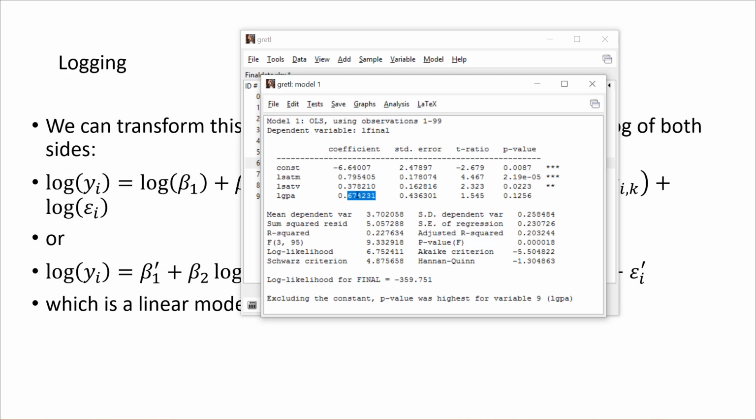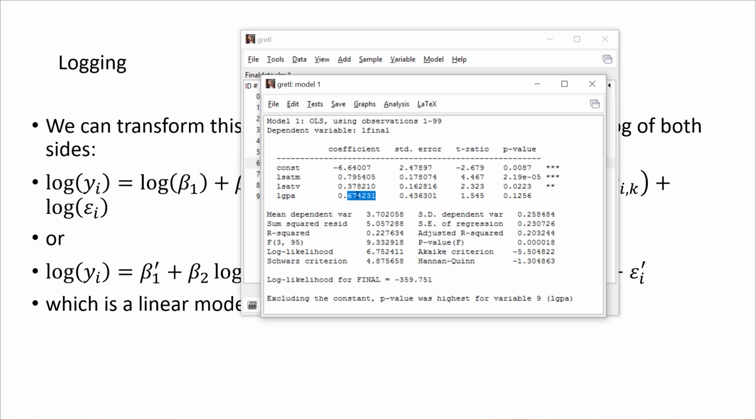So next, let's see how to interpret these numbers, these estimates. Because this is a model that's nonlinear in data, we cannot interpret these numbers as marginal effects. They do not answer the question, what happens to y when x increases by 1 unit? We'll see that they actually answer a very similar question, namely, what will be the percentage change in y when x increases by 1%?